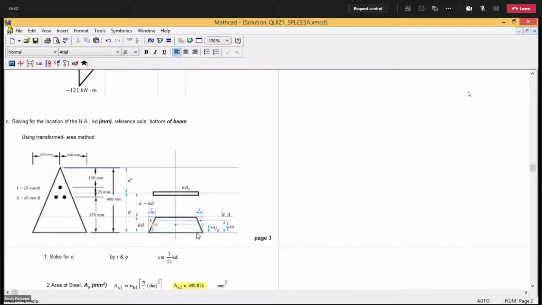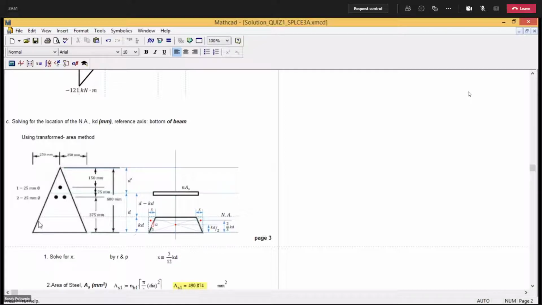Okay, so ano yung ginawa natin dito? To solve for the area of this compression, no? Compression part ng ating beam. Okay, what we did here is we get the slope of this.